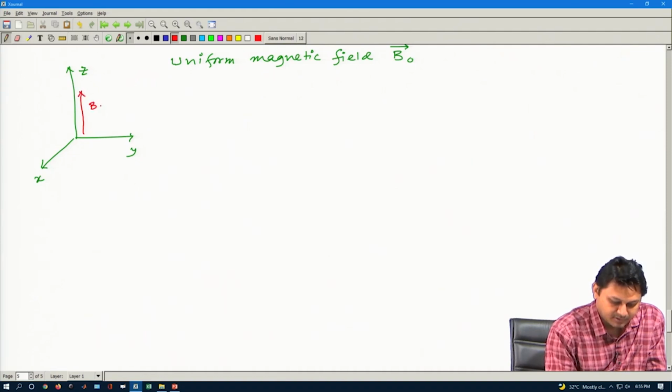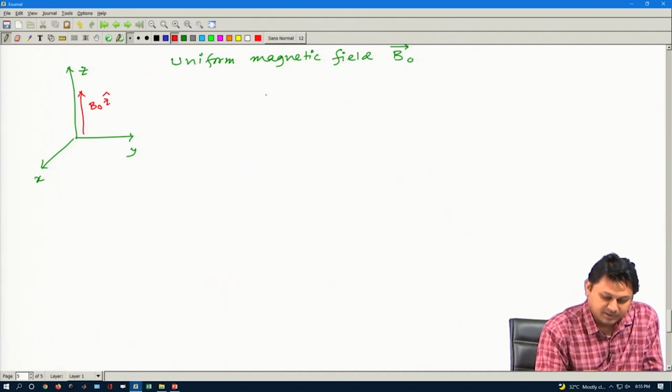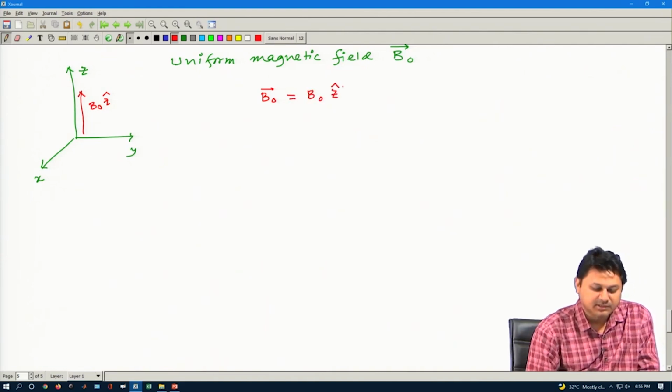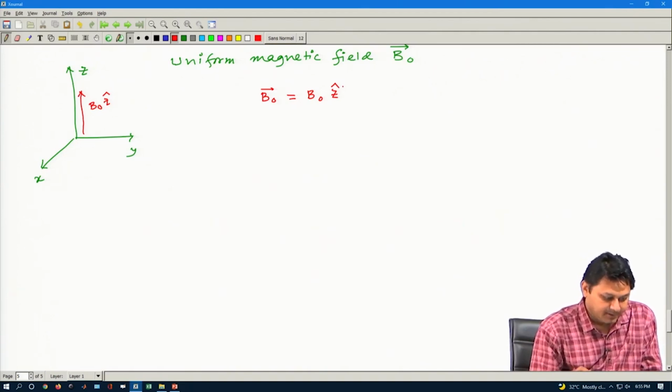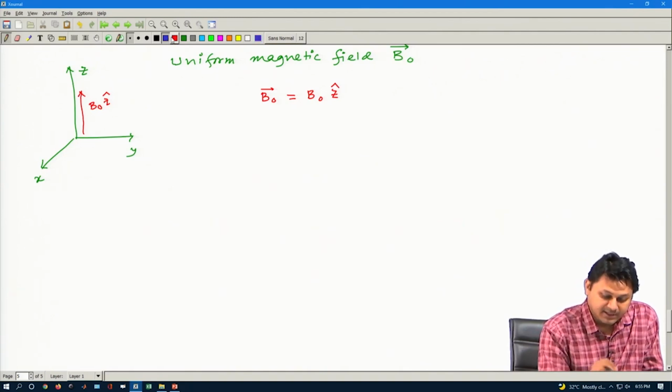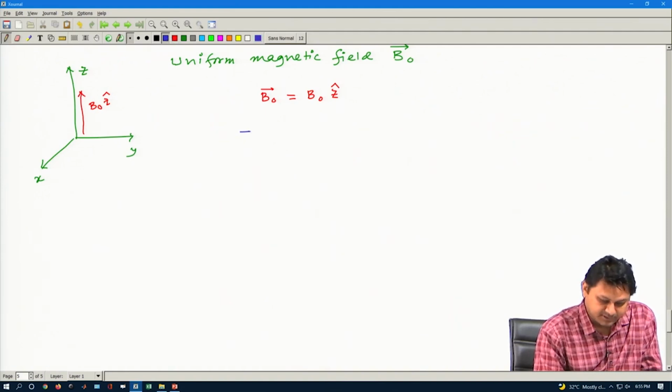So, we have B equal to B0 z unit vector, with magnitude B0. Now, I need to find out the A. Let us exploit the expression that curl of A is B.